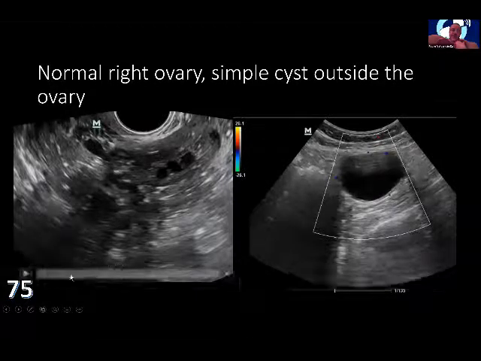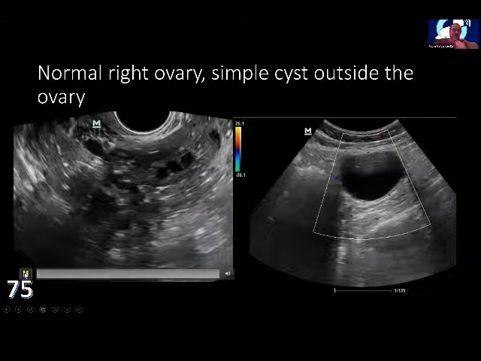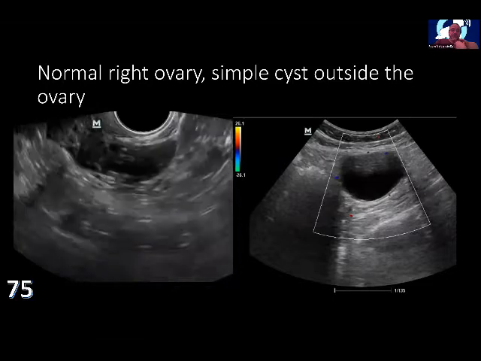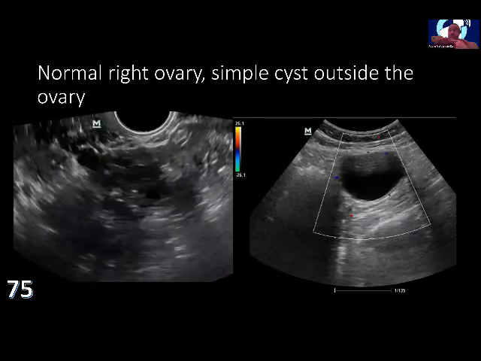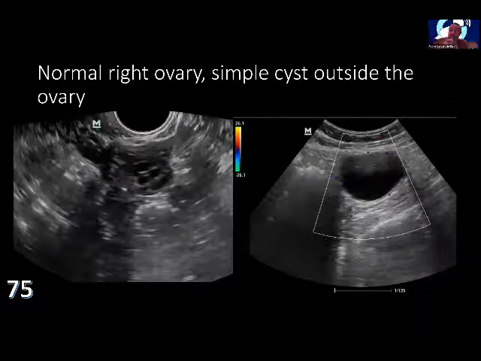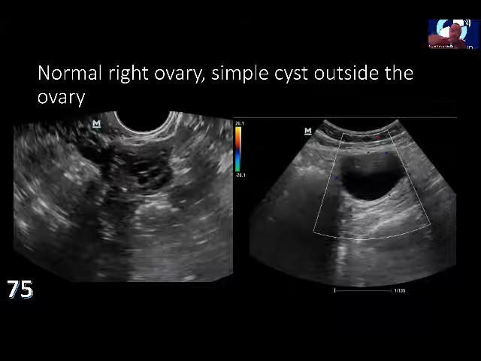Usually those are parovarian cysts or paraovarian. Whenever we enter into surgery for any reason, mainly C-sections, if we see that, we puncture and aspirate, because otherwise this will give us diagnostic problems further.